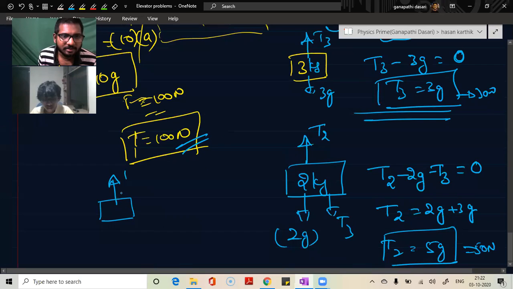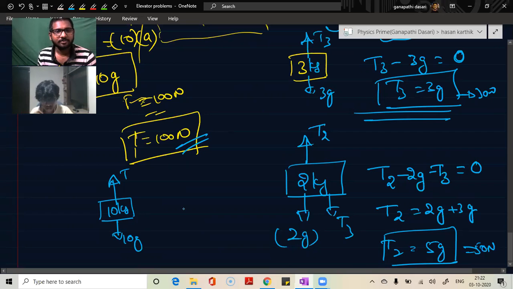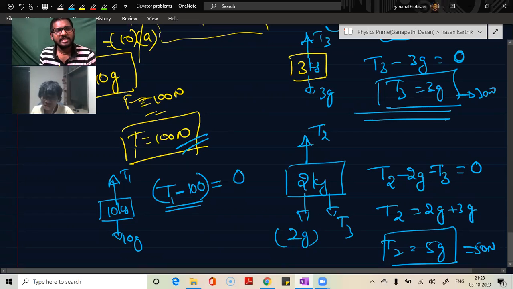T1 is upwards, and 10 kg downwards, 10G, for the system. What is the net force here? T1 minus 100 is equal to what? 0. Why 0? Because there's no acceleration.